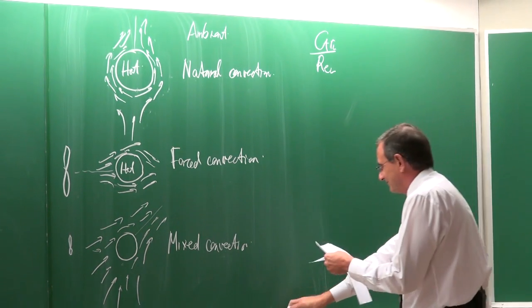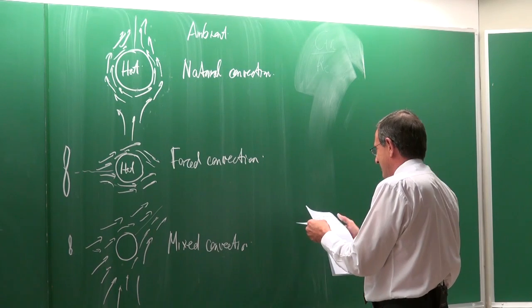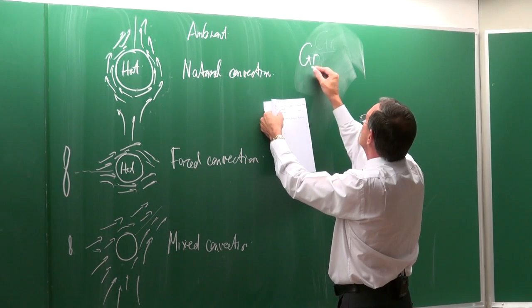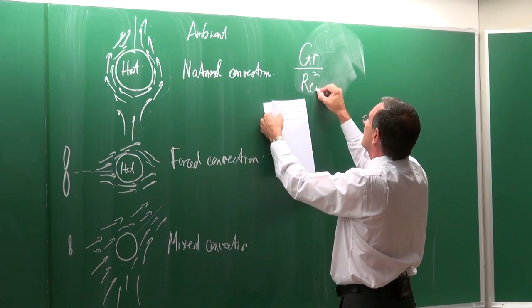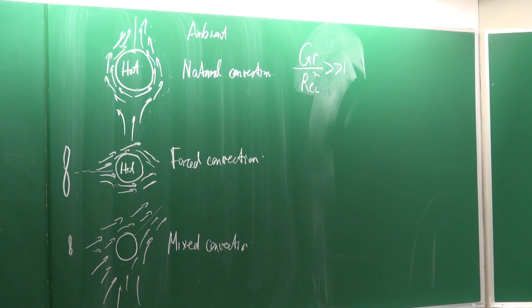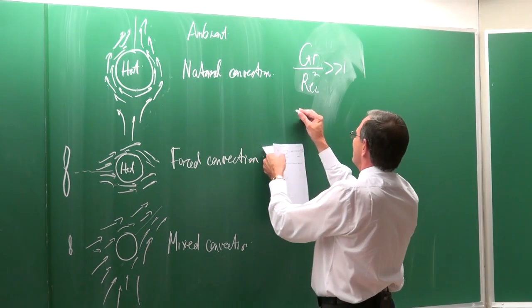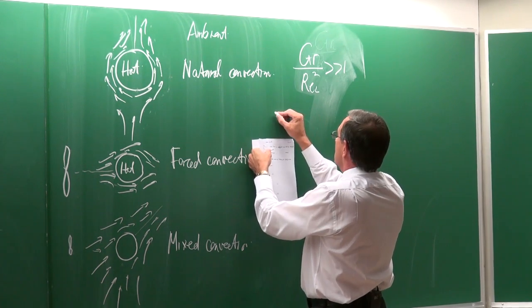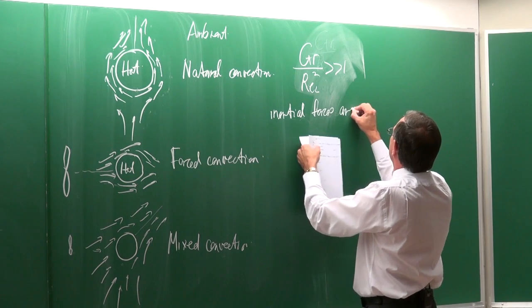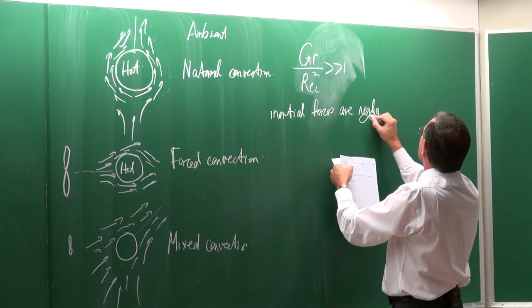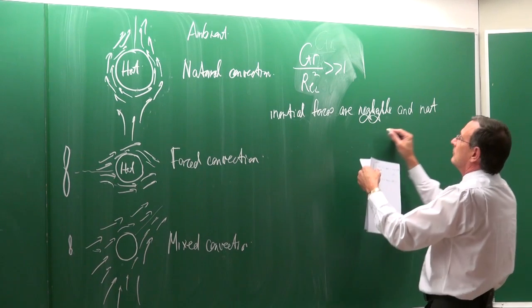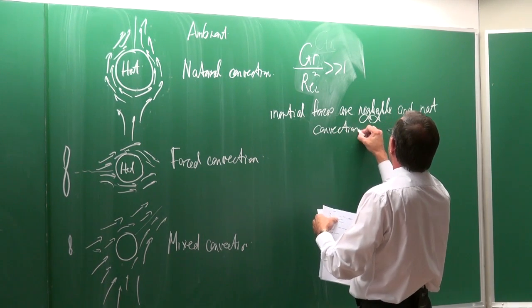So in general, what we can say is that if we've got the ratio of the Grashof number divided by the Reynolds number square, if it is larger than 1, much larger than 1, then we can say that the inertial forces are negligible and the natural convection dominates.